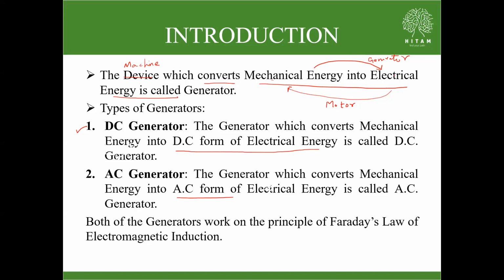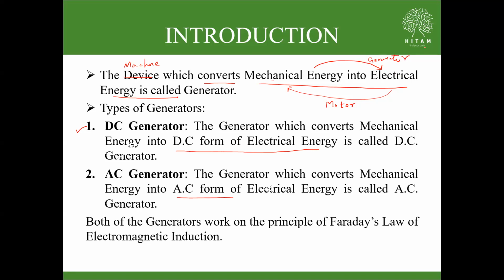Understood? In the case of generator, we are visualizing the output of electrical energy, that is either DC or AC, and we call that a DC generator or AC generator. But in the case of motor, we are seeing the input side where the supply is DC or AC. If it is DC, we are calling as a DC motor. If it is AC, we are calling as AC motor.